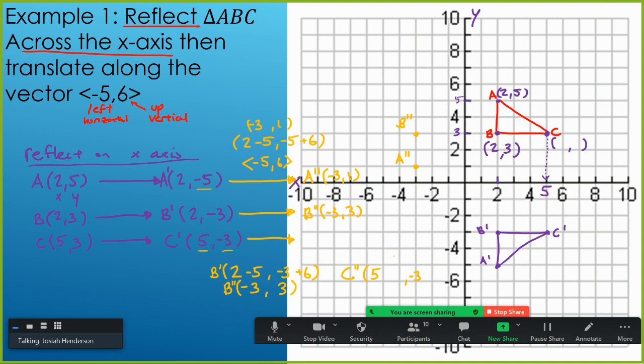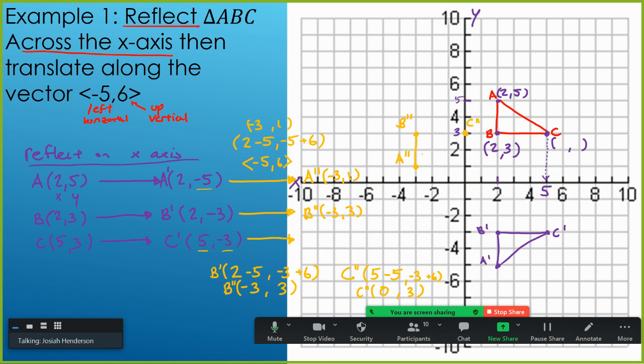And then we have to apply the vector, which is down 5 for x and up 6 for the y. So 5 minus 5 is 0. -3 plus 6 is 3. So we have 0, 3. So 0 left and right, up 3. So there, right on the y-axis, is the new C.